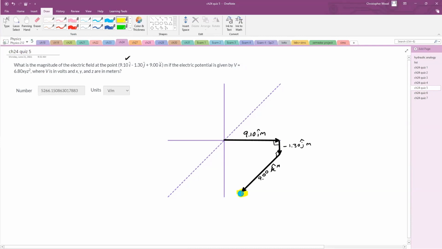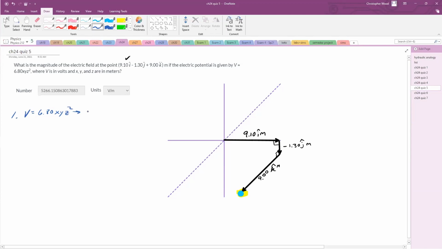And we know what's going on with voltage. In my case, number one, voltage equals 6.80 x y z squared.